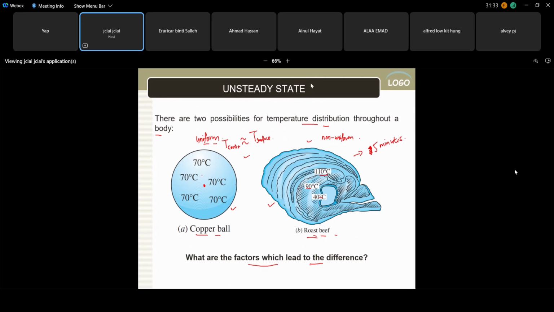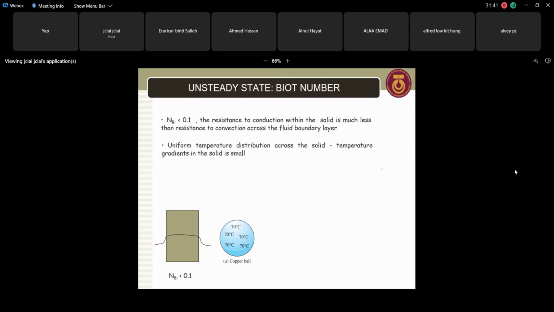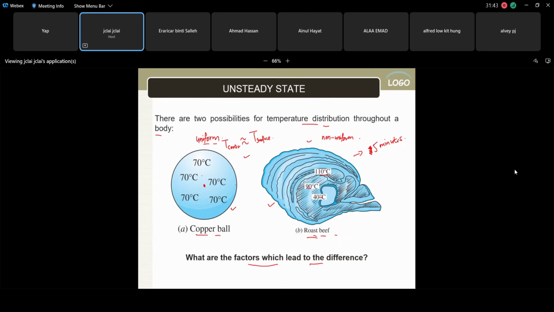I will continue now. I will tell you the answer. Just now, some of you mentioned different K value, different H value, right? But you missed one, that is size. Size of the object, like what I mentioned.